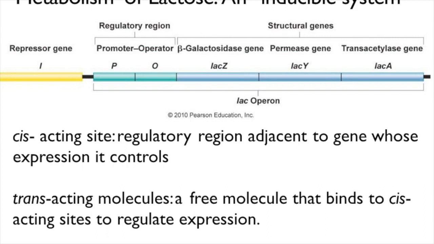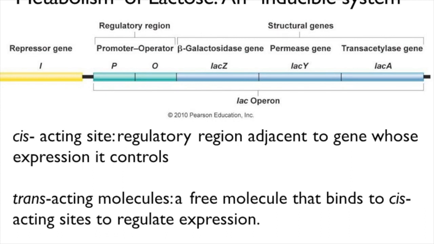Okay, so when we talk about the regulation of these genetic regions, we are going to talk a lot about cis-acting sites and trans-acting molecules. So cis-regulatory elements, trans-regulatory elements.